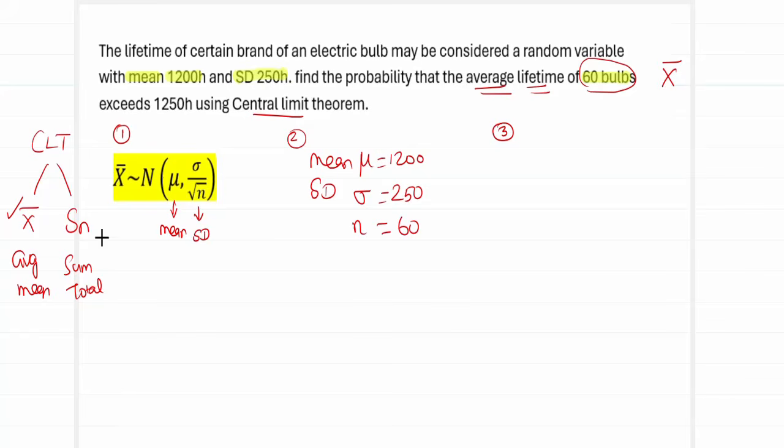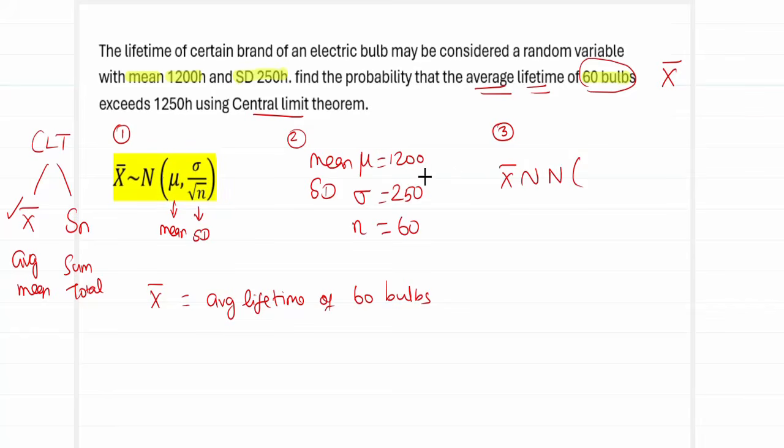The third step is computing the value of the normal distribution as the problem goes large in number. So how do we apply our values for x bar? Here x bar is going to denote the average lifetime of how many bulbs? 60 bulbs. So this x bar follows a normal distribution with mean mu.